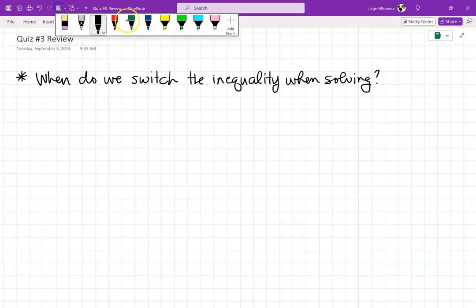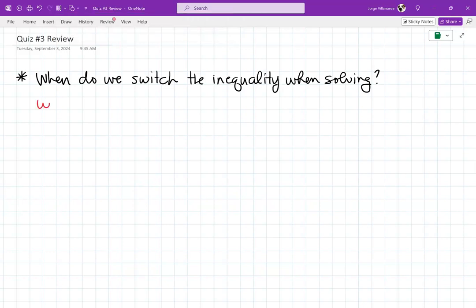And we said, when you multiply or divide both sides. Make sure you guys include those words right there, okay?